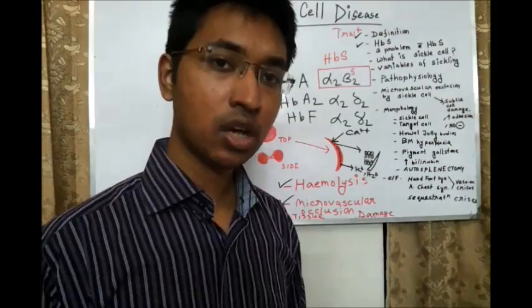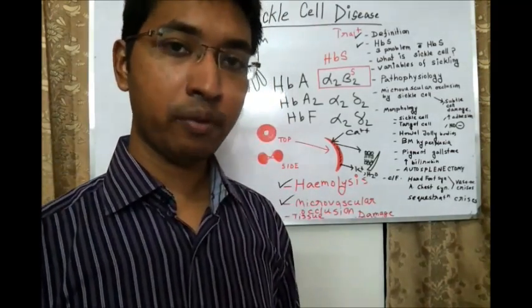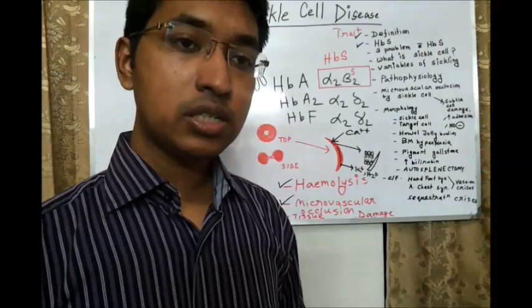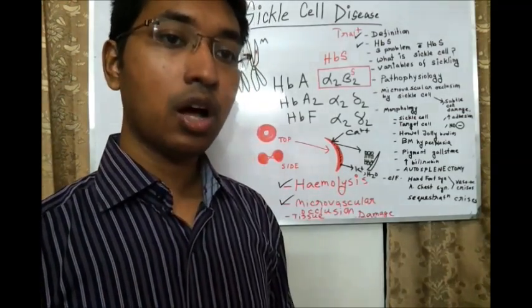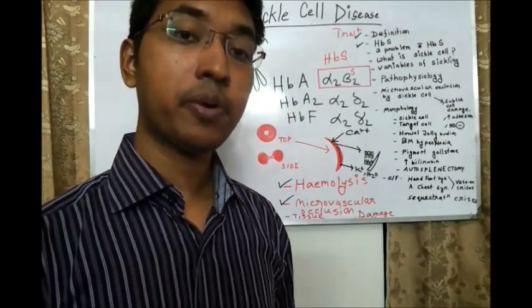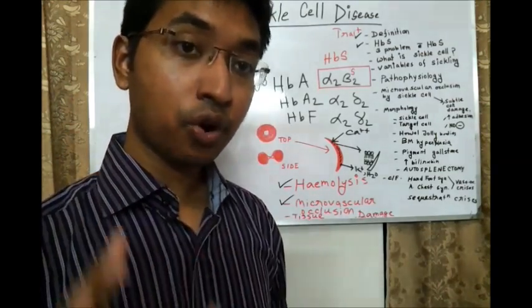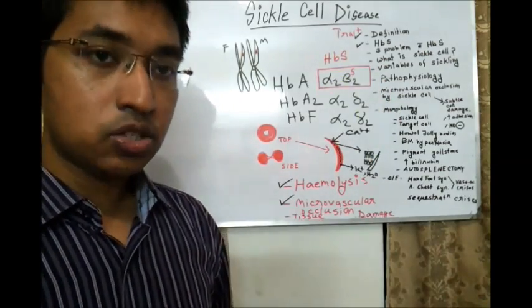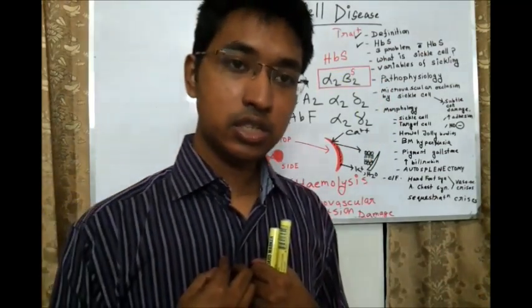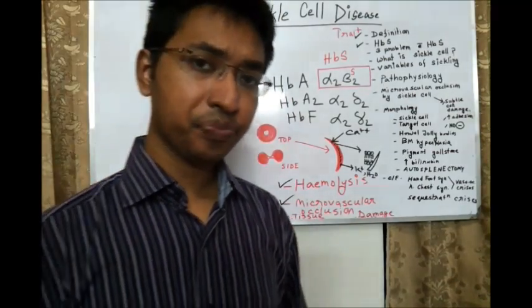You know, in Africa there is a lot of prevalence of falciparum malaria. So we see almost 30% of African people carrying the heterozygous form of this sickle cell trait. Okay, so they don't have the disease, but they are protected against falciparum malaria.